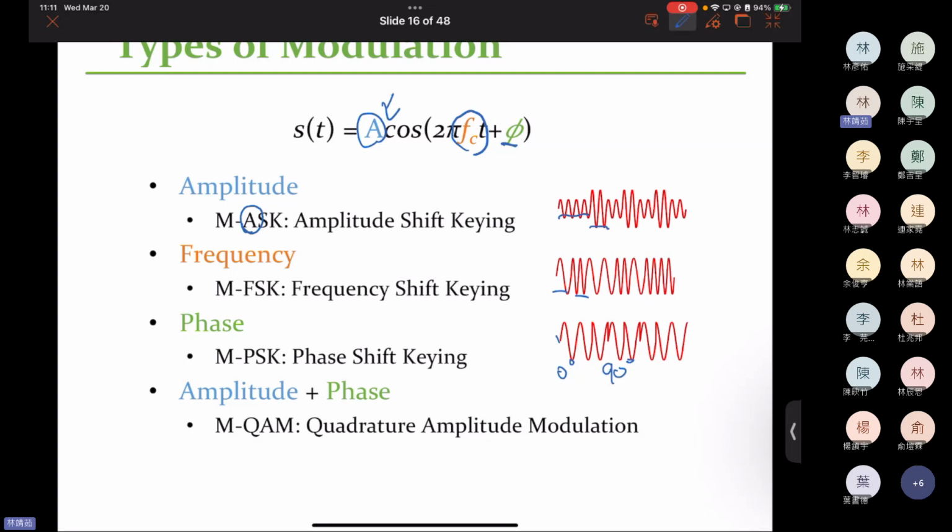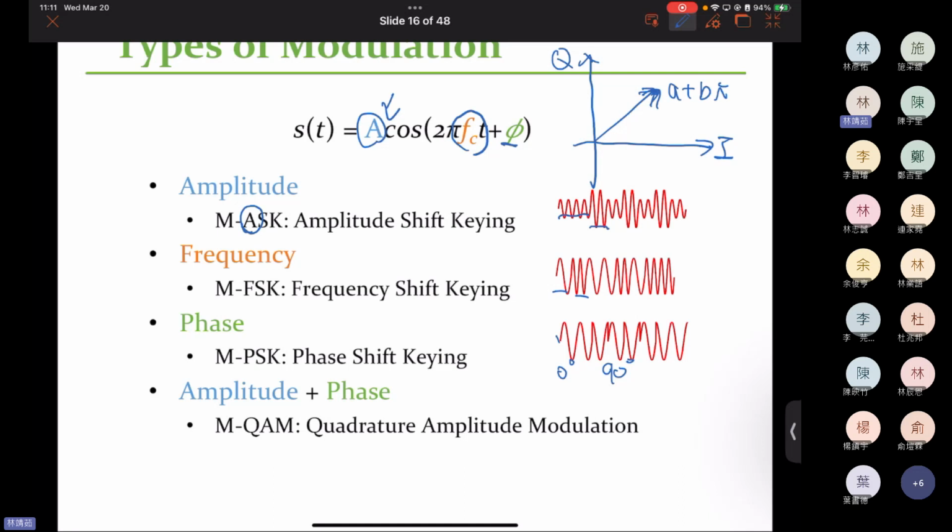But going back to our constellation diagram, remember what we are transmitting is nothing but a real number and an imaginary number, something like a plus bi, right? If we change the parameters A, f, and phi, we can find the corresponding change using this constellation diagram.